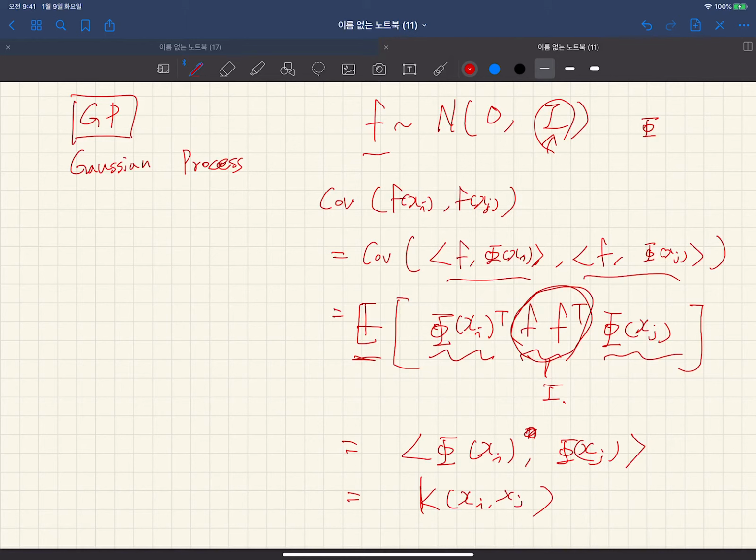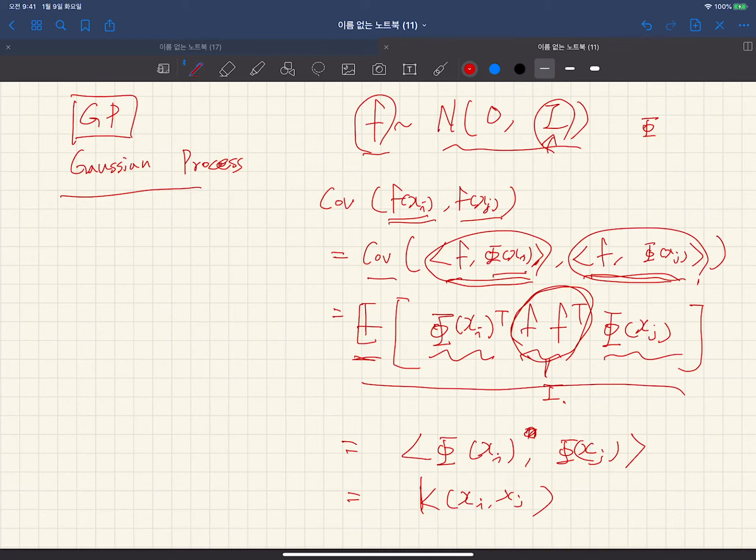Okay, so the Gaussian process concept is this: your f vector, which defines your output function f, follows a normal distribution with zero mean and identity covariance matrix, and here we use the kernel trick. So when you compute the covariance between these two, we have this form and this kernel value.